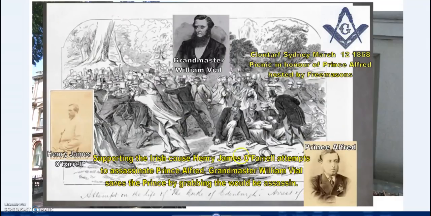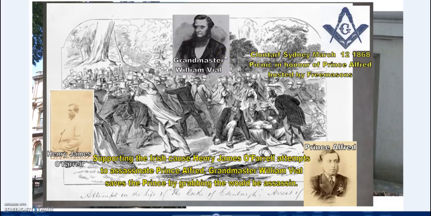Now the RPA itself was created by, so Prince Alfred, Queen Victoria's son, came to visit Australia. There was an assassination attempt, and this was at a Freemasons picnic here in Sydney. And the Grand Master of the lodge there, William Vial, put himself in front of and basically grabbed the would-be assassin.